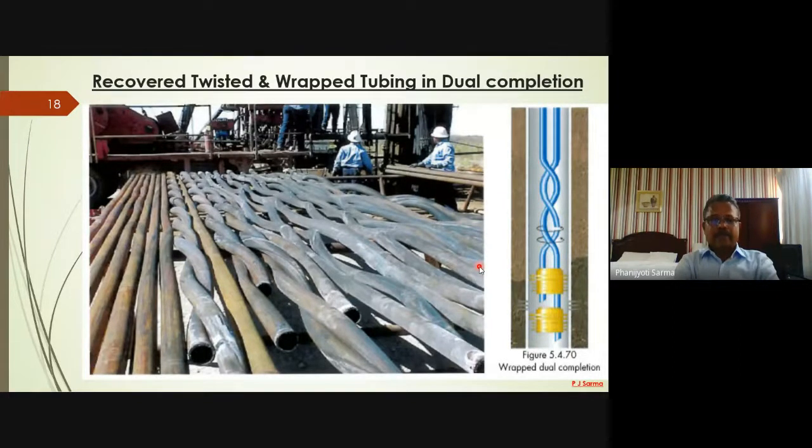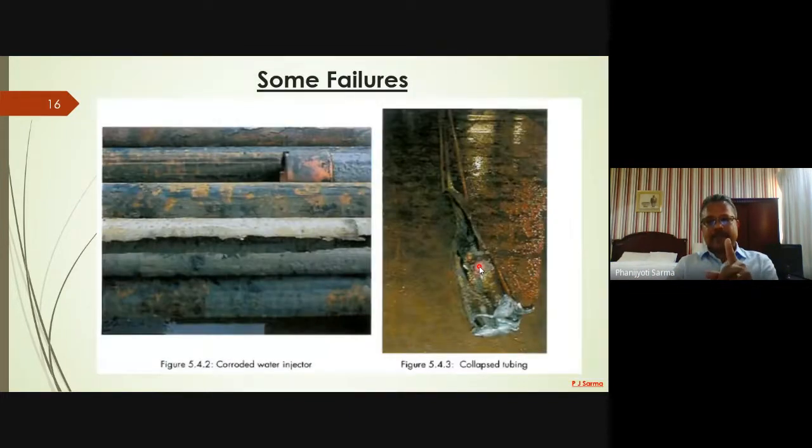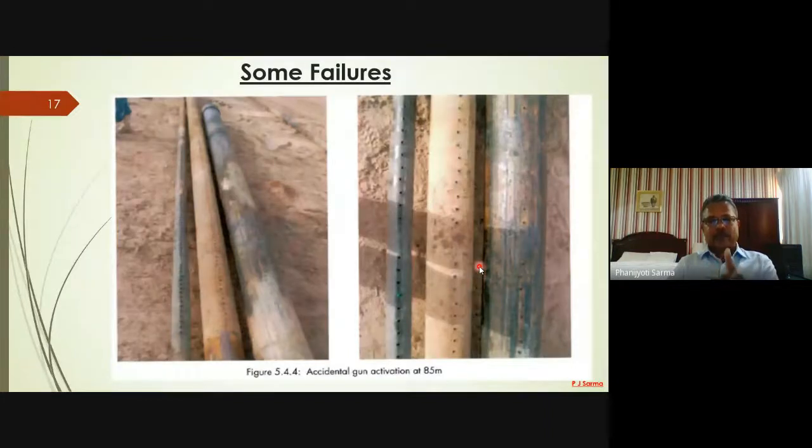So in the process of putting in the dual completion, sometimes the tubing while running in hole, or due to the pumps and all, a failure happens, and you can see the tubing got twisted. And all these things, whatever I have shown in these pictures as failures or equipment failure, are basically recovered or rectified through workover. And you can consider all these equipments, right? These are actually waste generated during the well intervention process.